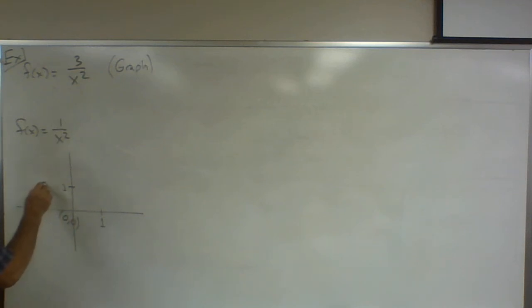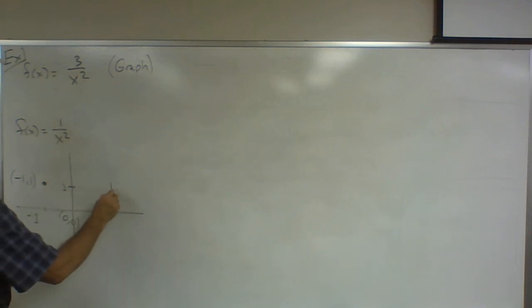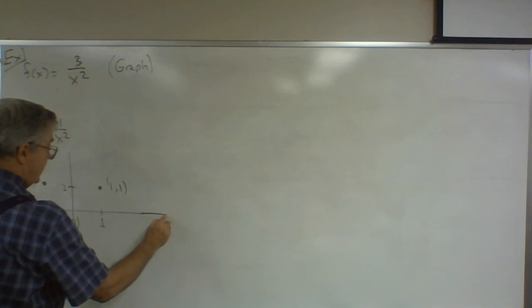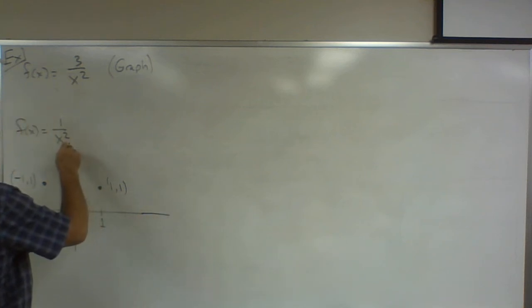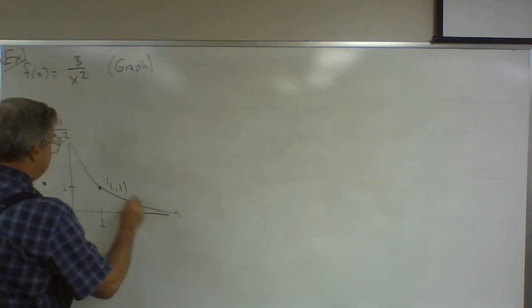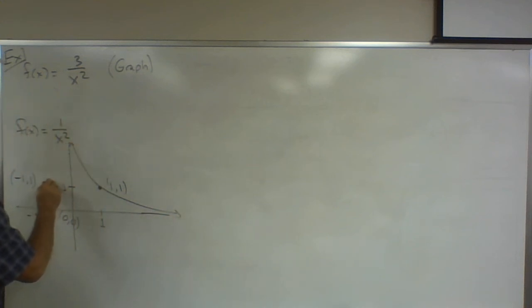And I remember that it has key points -1, +1, and +1, +1. And it has the x and y axis as the asymptotes. So that's what it looks like.